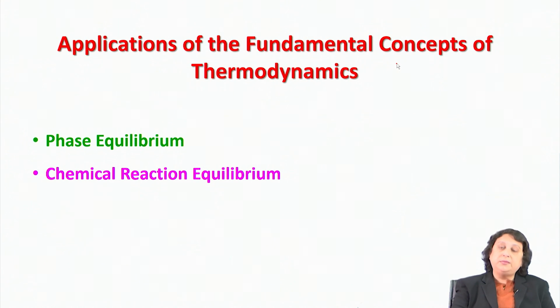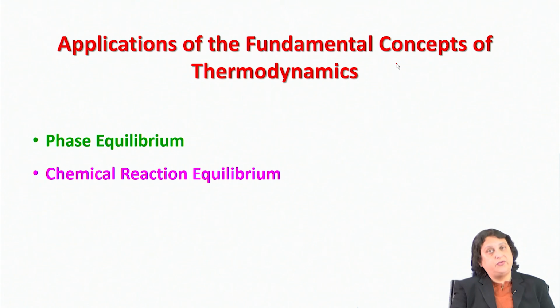And an equilibrium is achieved between the different phases when the chemical potential is the same in different phases of that pure substance. And therefore, phase equilibrium talks about matter flow from one phase to the other and the eventual establishment of equilibrium with respect to matter flow between coexisting phases at a given temperature and pressure.